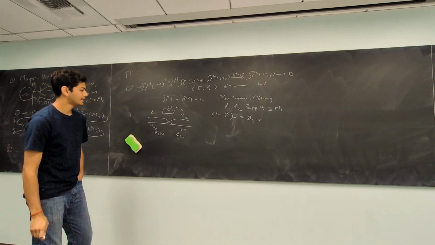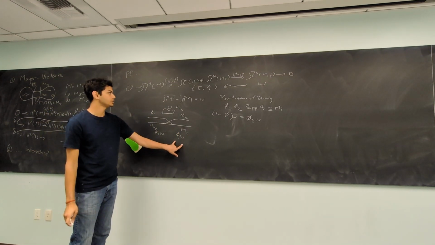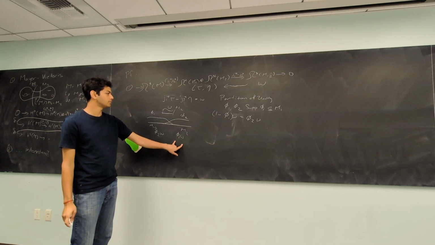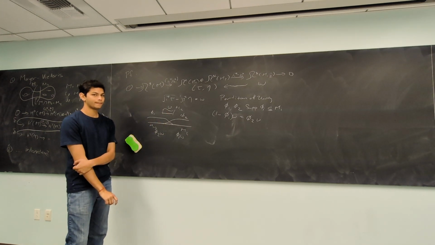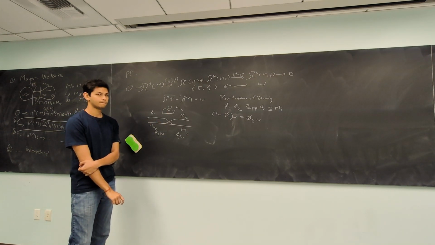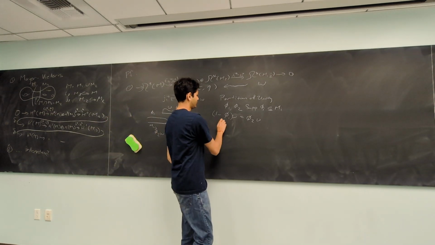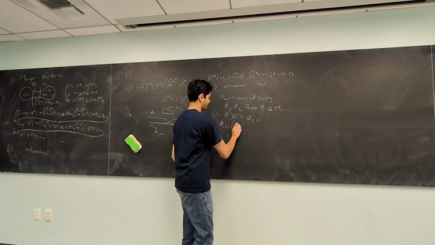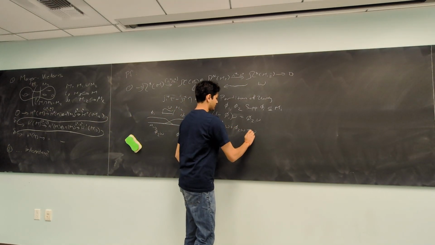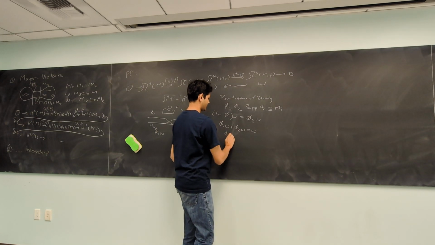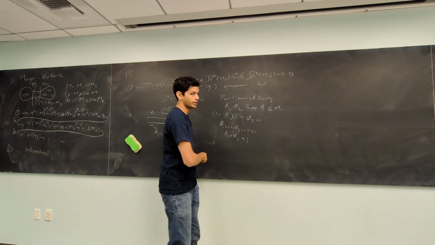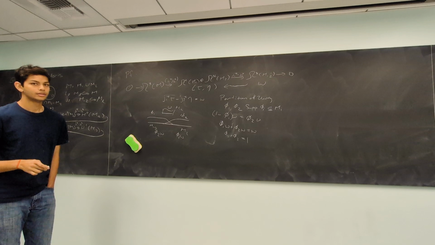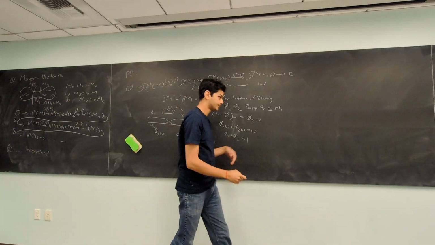And if you have these two, how can you recover omega? Take their sum. Phi1 omega plus phi2 omega is omega, because phi1 plus phi2 is 1 everywhere. Okay? So how should you define tau and eta?